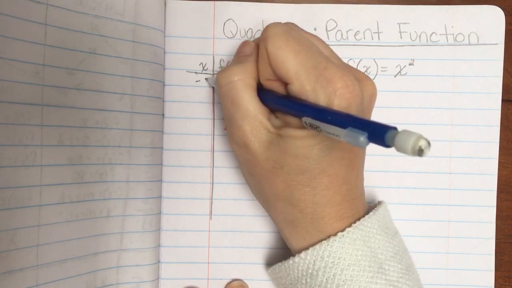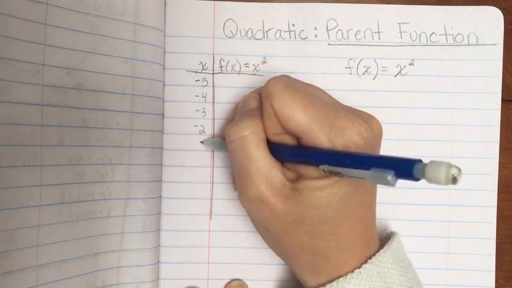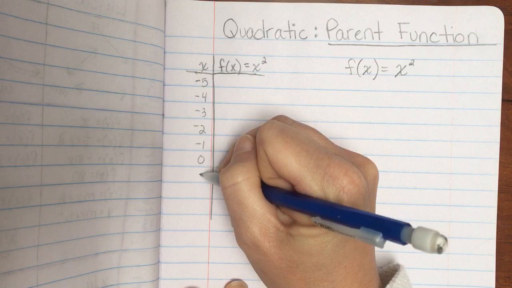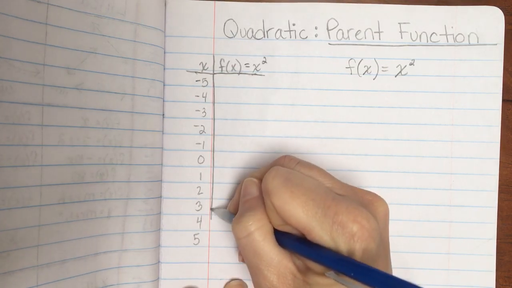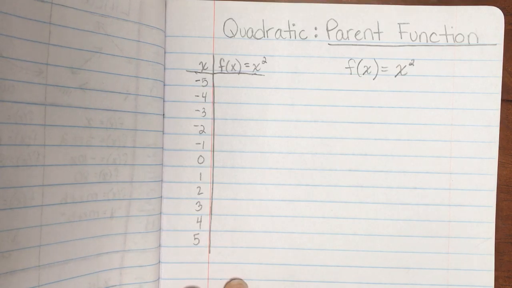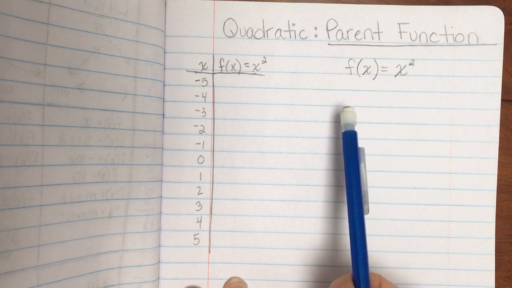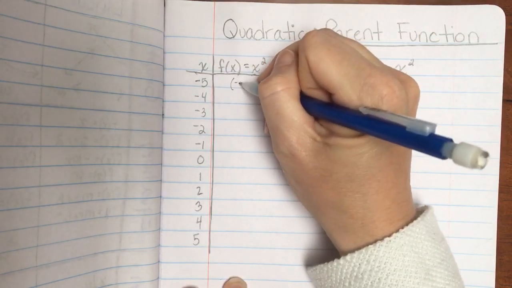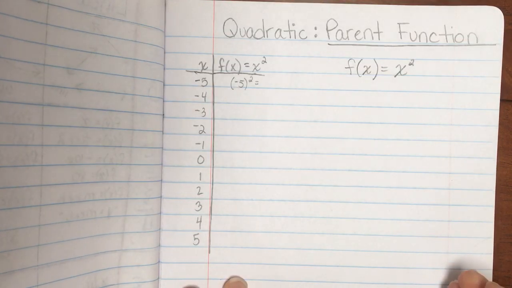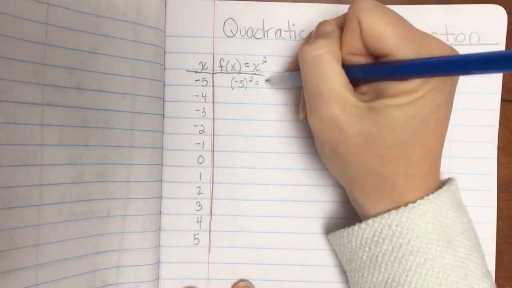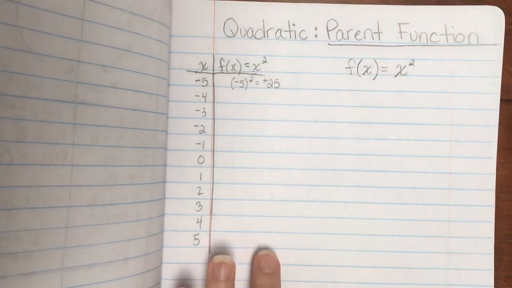We're going to go from -5 all the way to +5. So when our input is -5, what's -5 squared? -5 times itself. That's going to be a +25. So be careful on that.